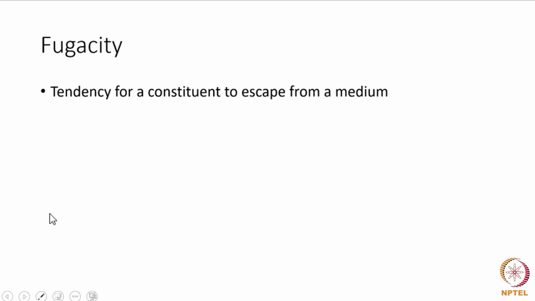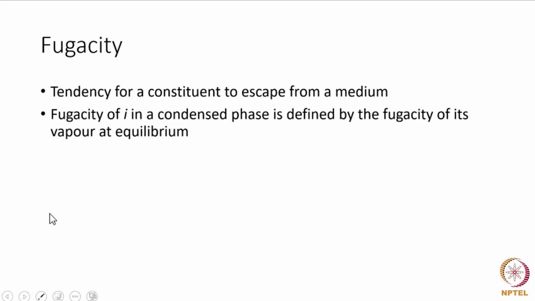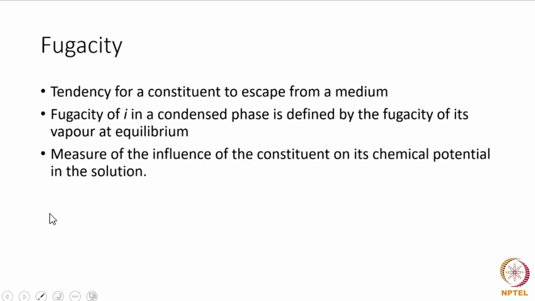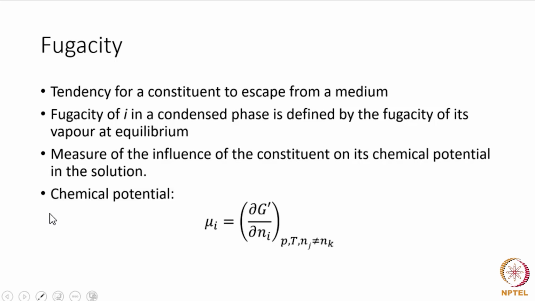Naturally it is defined for a gaseous phase, and the fugacity of a constituent i in a condensed phase is defined by the fugacity of its vapor at equilibrium, and it is a measure of the influence of the constituent on its chemical potential in the solution. Fugacity basically gives you how the constituents are influencing the chemical potential in the solution.